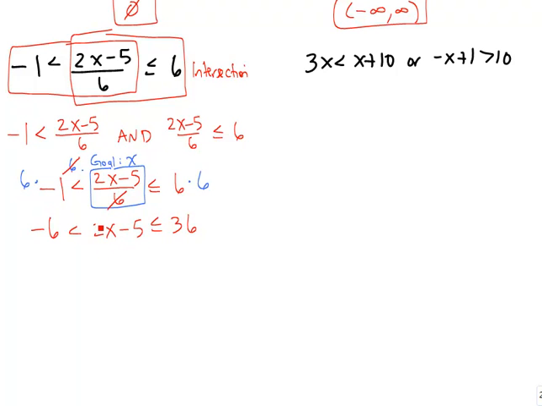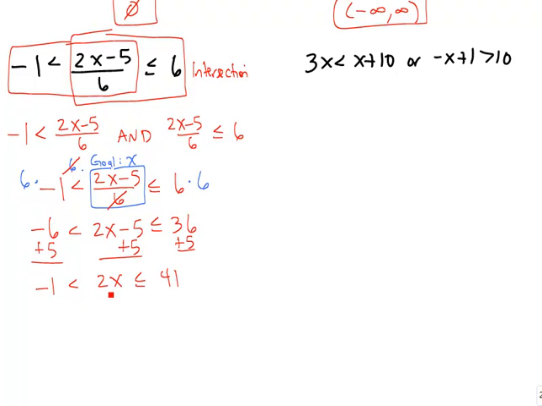Now we're still trying to get x by itself in the middle. So now what I'd want to get rid of is this negative 5, and to undo that, we could add 5 in the middle, on the left, and on the right. Negative 6 plus 5 is negative 1. In the middle we have 2x, and 36 plus 5 is 41.